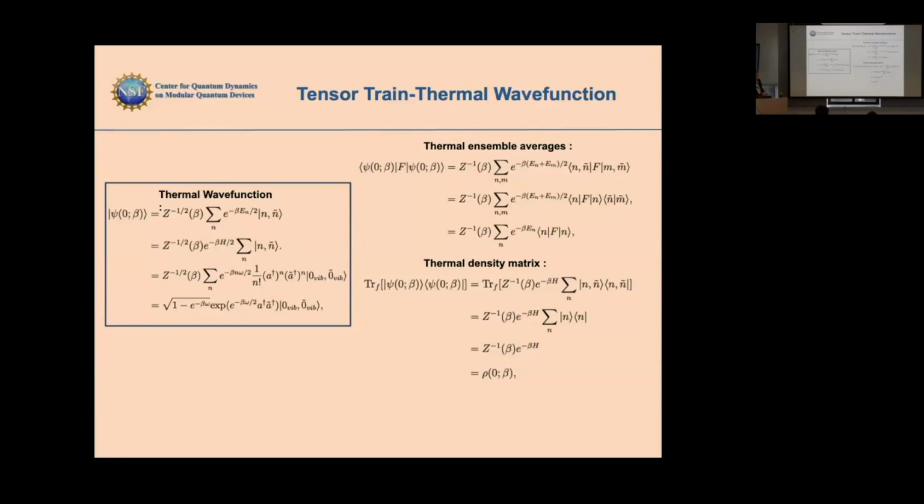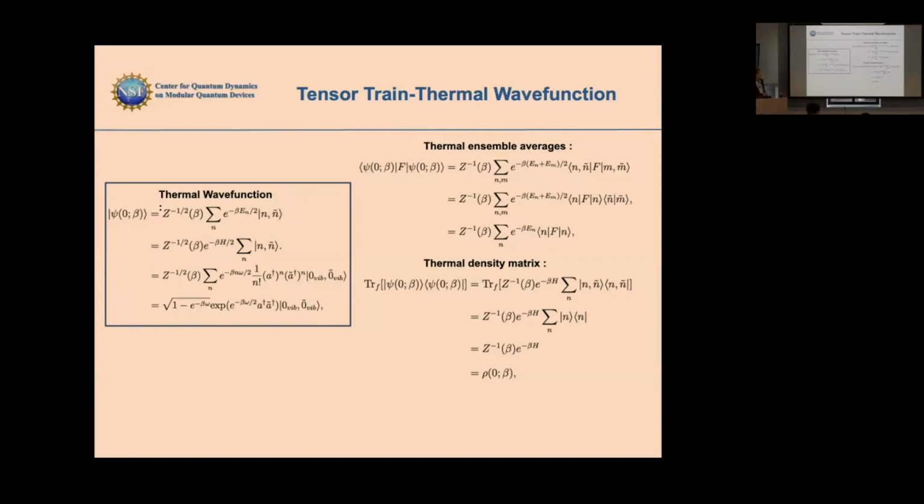And thermal ensemble averages are obtained just as if it was an expectation value of any operator, but what it gives is the thermal ensemble average of a mixed state. So this is the nice thing about this representation.